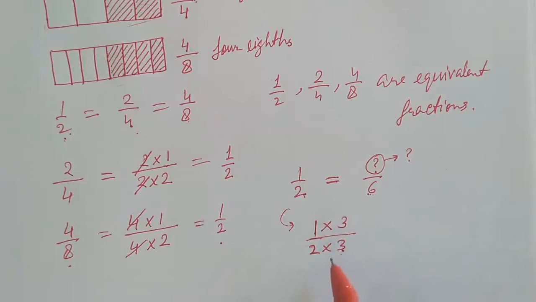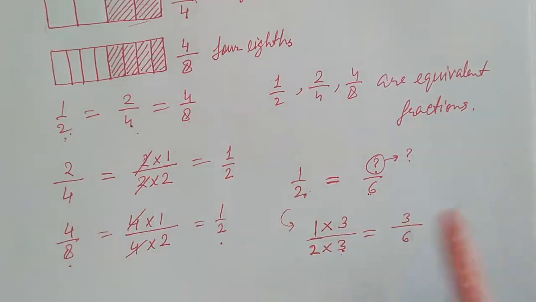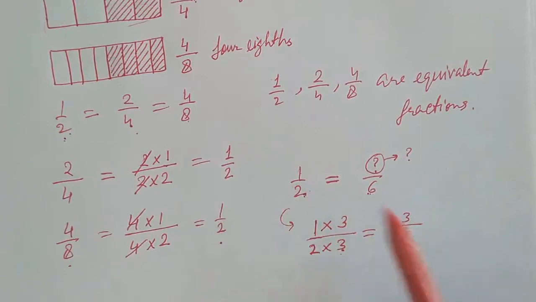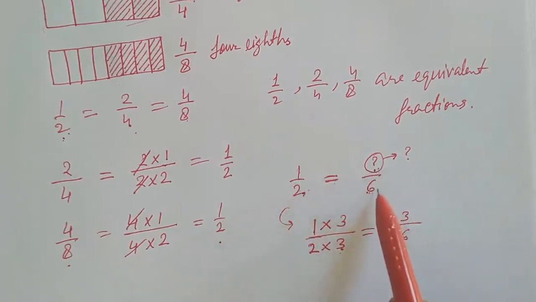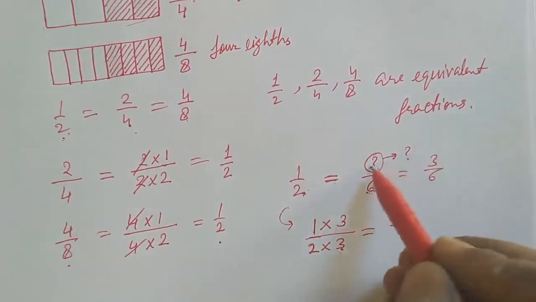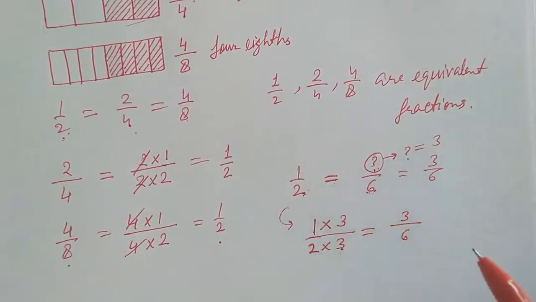So there is no change in the fraction, right? So 1 into 3 is 3, and 2 into 3 is 6. It means that we have converted this 1 by 2 into this 3 by 6. So 1 by 2 is equal to 3 by 6. So this unknown number is 3.